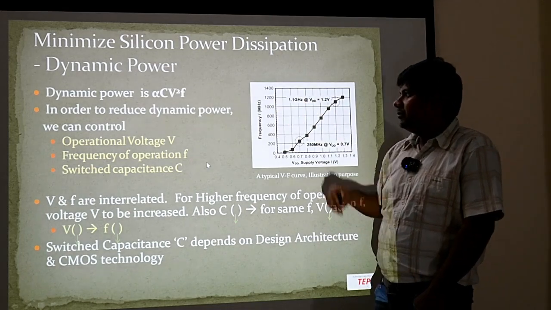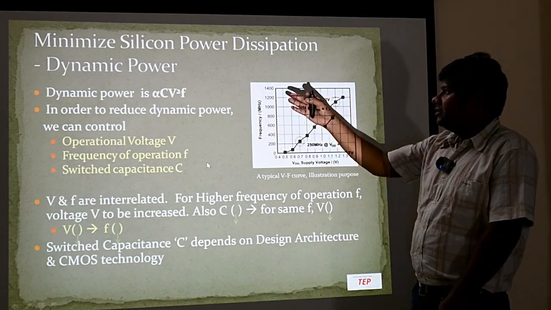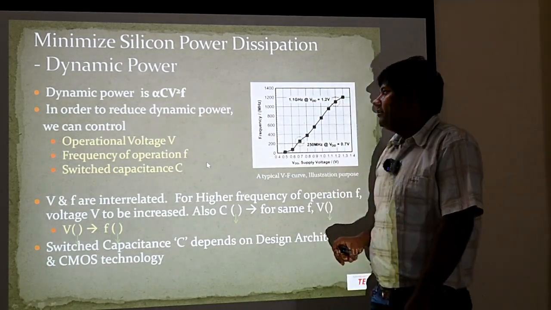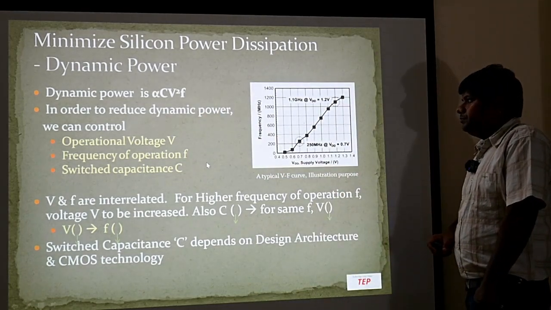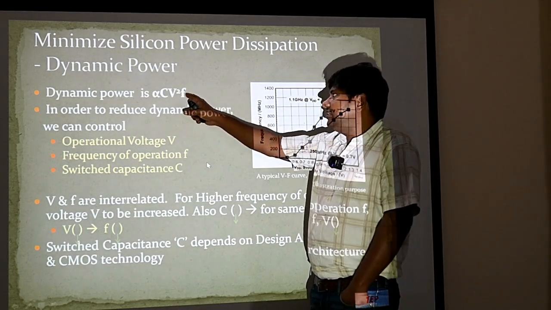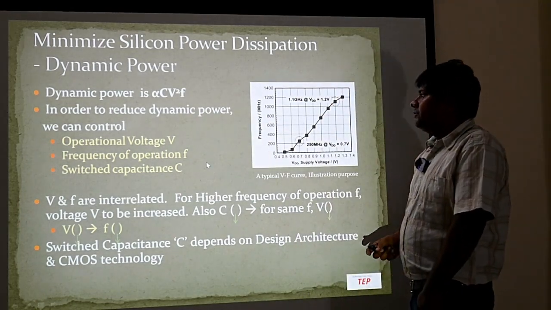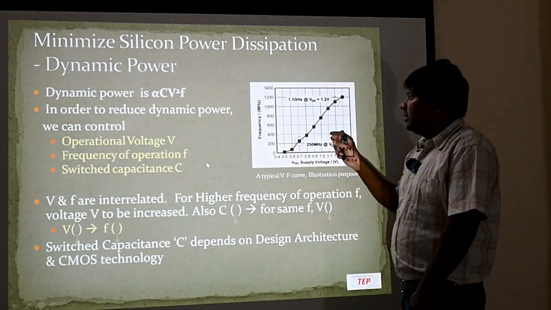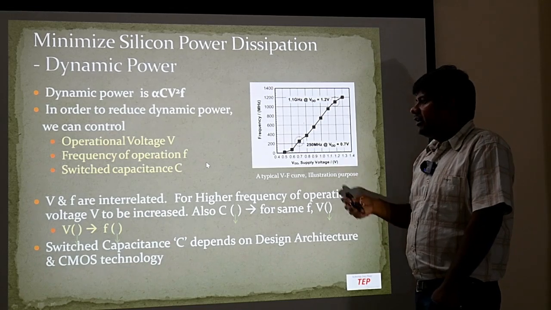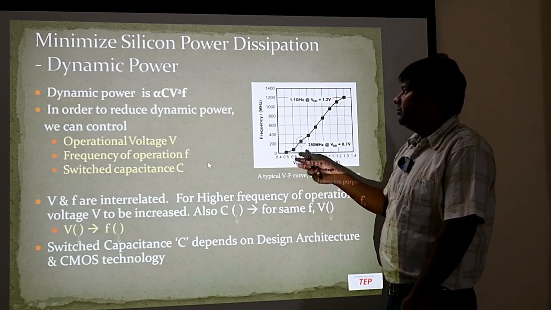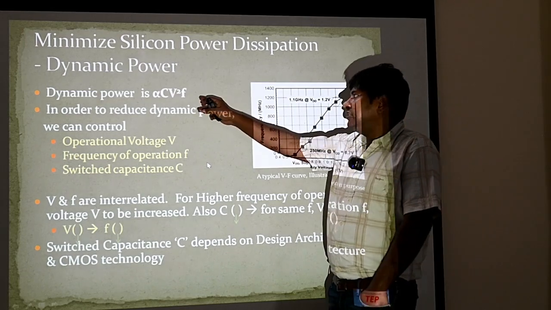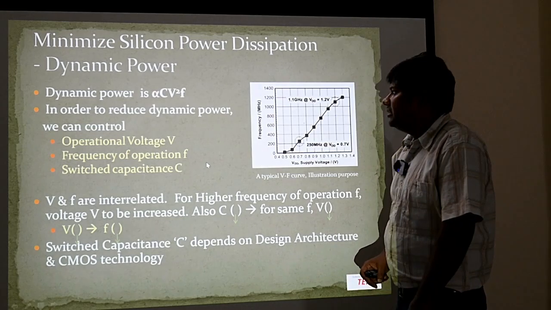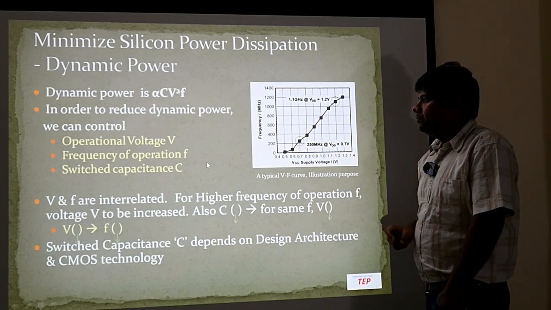Now let's put our focus on the dynamic power, that is CV squared F, where V and F are related. As power is a function of V squared, if we reduce F for a required operation or required throughput, and we are able to reduce the frequency somehow, then we get a multifold advantage on V, because V will also reduce.